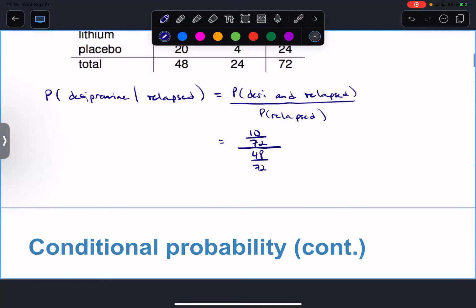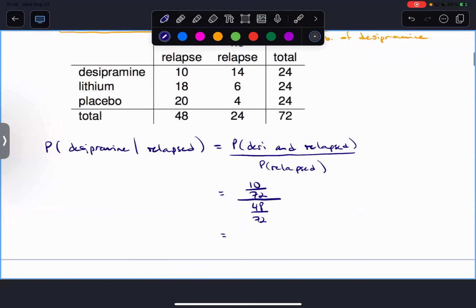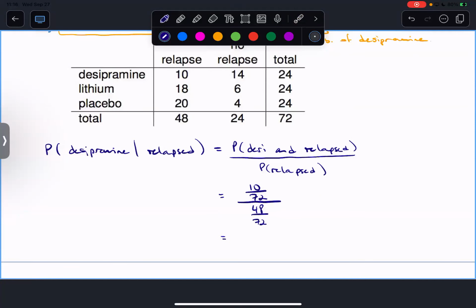Can I ask, why is it 10 over 72 instead of 10 over 48, the total amount of relapses? The answer is 10 over 48, but the probability of relapse is 48 out of 72, and the probability of just the desipramine and the relapse is out of the 72.